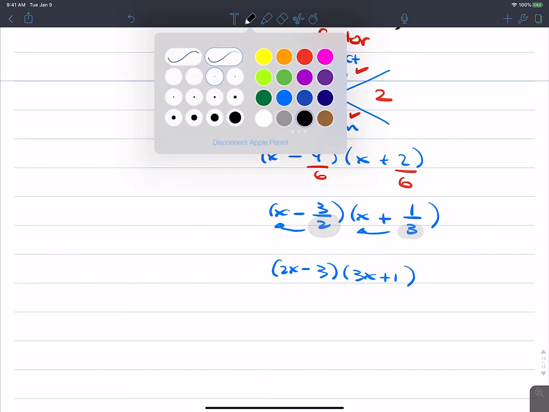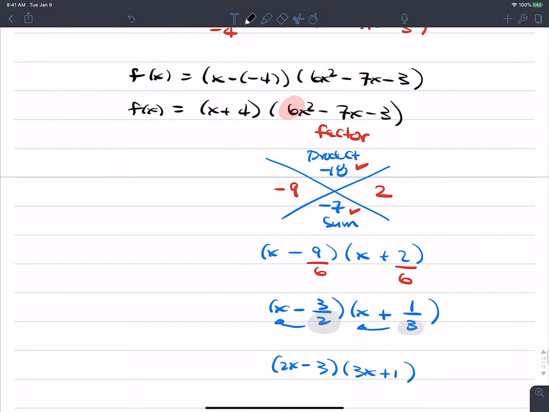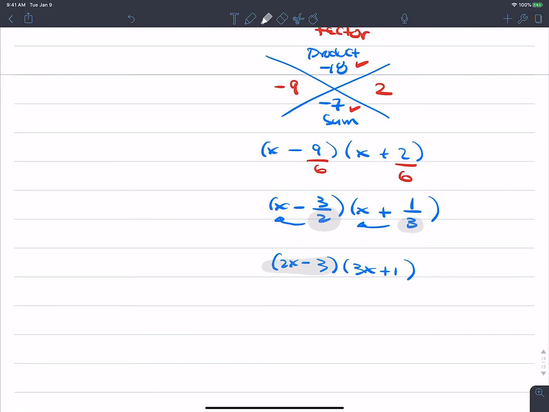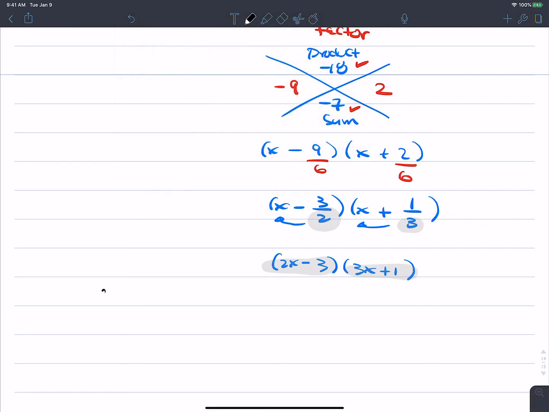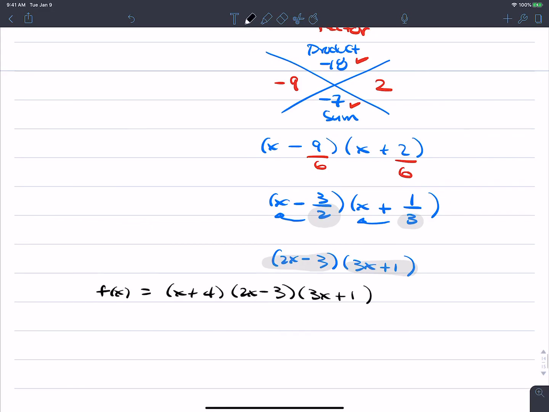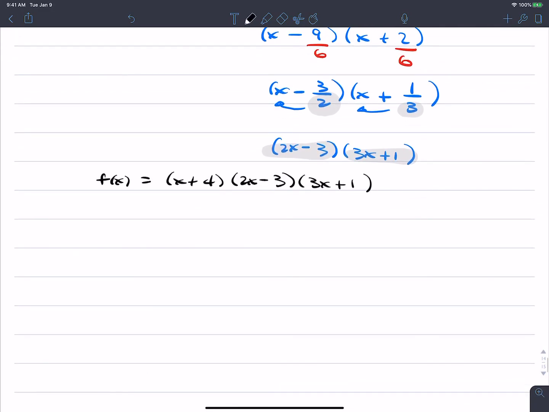All right, let's put this together here. Don't forget, we have an x plus 4 here. We got these other two terms. So our function will be equal to x plus 4 times 2x minus 3 times 3x plus 1. Here's our function. And of course, we set this function equal to 0.